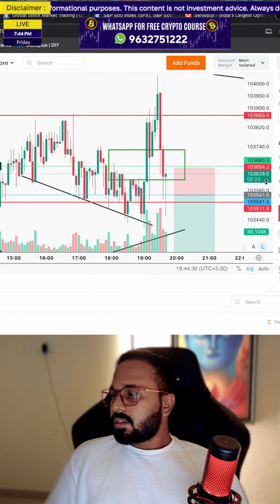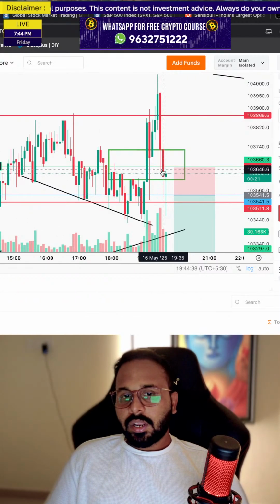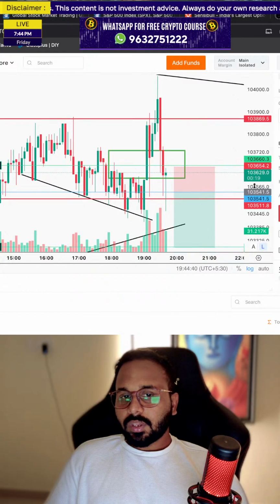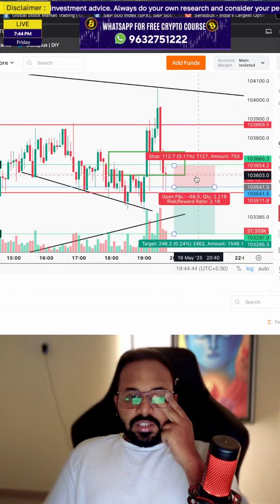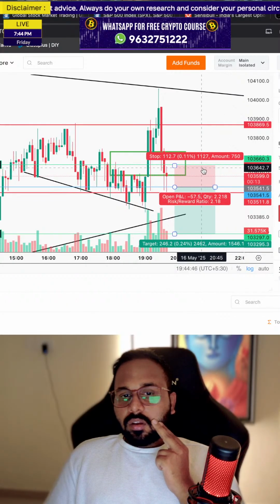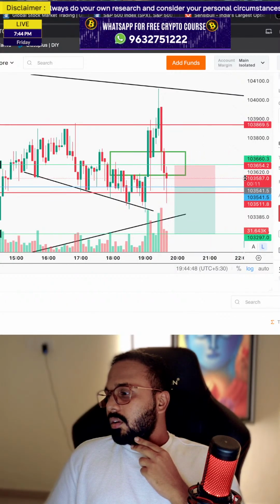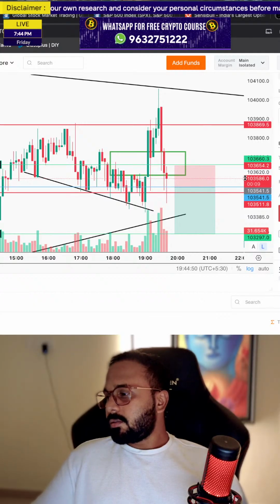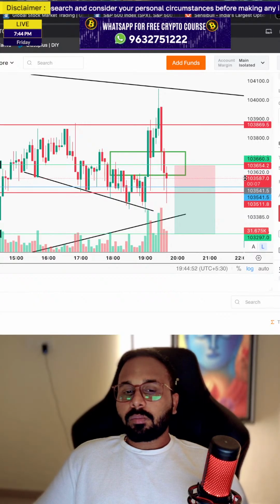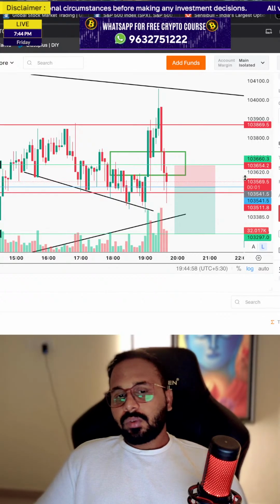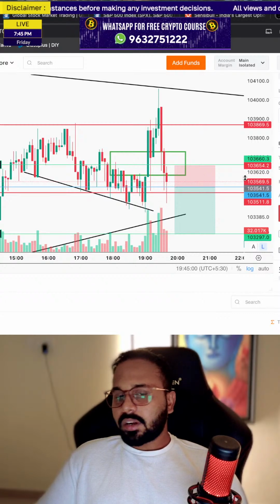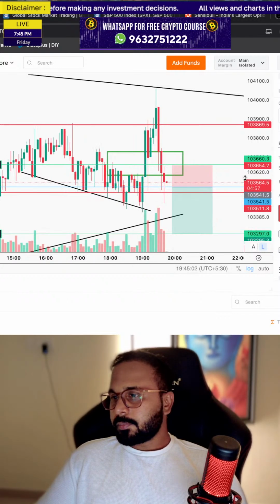If TP hits, is it maker or taker? See, the target is not necessarily what matters. Initially, what order did you place? A market order, so you placed it as a taker, and it will be calculated from the taker perspective, not maker.